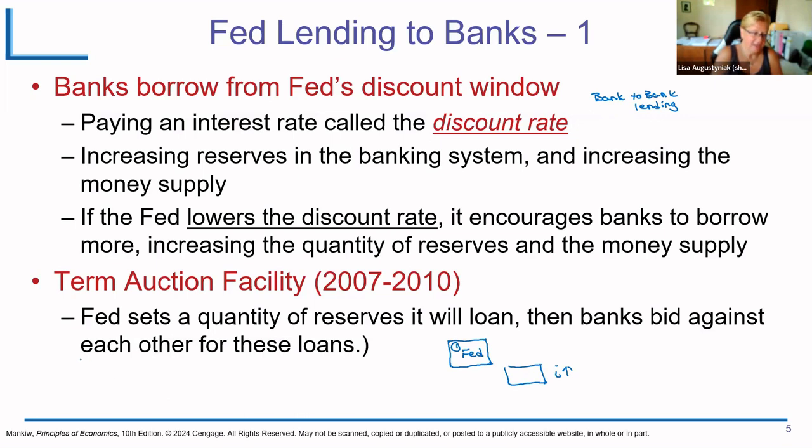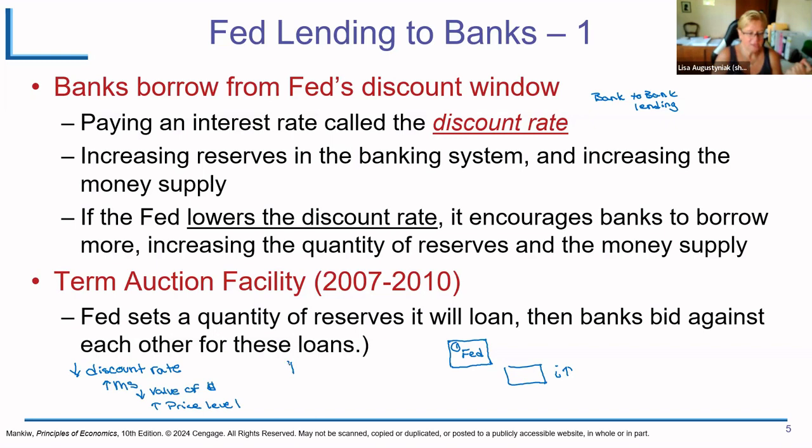So in this case, if the Fed decreases the discount rate, then banks will want to increase their amount of borrowing. So that's going to increase the money supply. When they increase the money supply, what's going to happen to the value of a dollar? It's going to decrease. And the price level or inflation is going to increase.